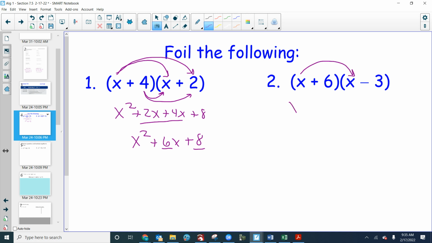X times X squared. X times negative 3. Negative 3x. How about 6 times X? Plus 6x. Minus 18. Okay, what do we got? X squared plus 3x minus 18. Nice job.